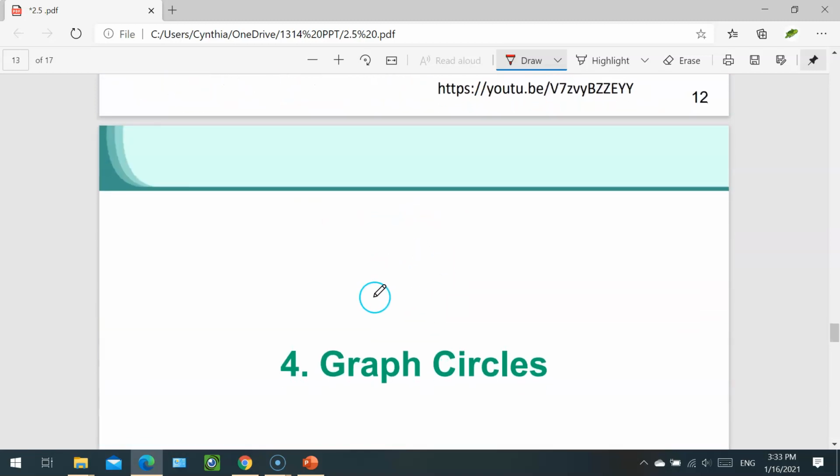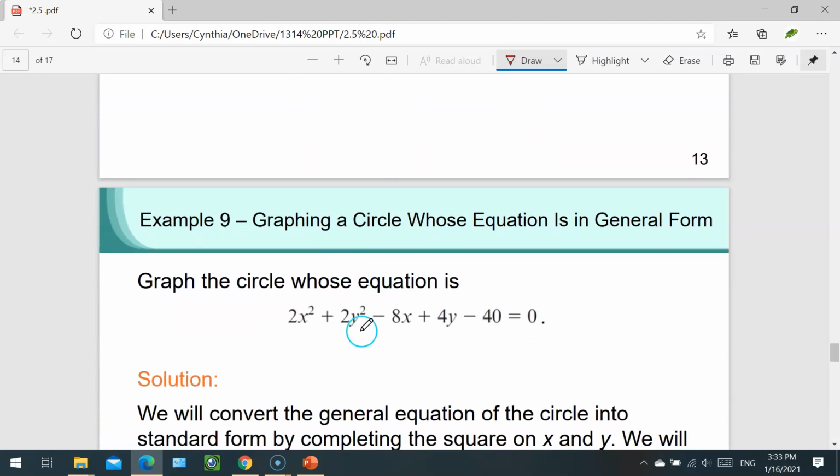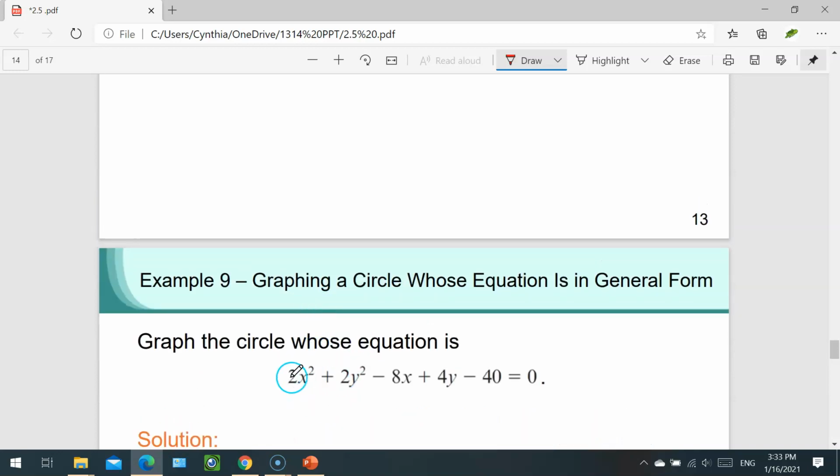So now we sketch the graph of this equation. Before you sketch the graph, we need to rewrite this equation. Rearrange this equation into the circle standard form. That's an easier way to solve it. So let me show you the work on the top here.